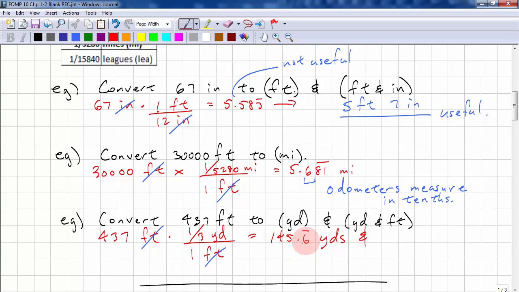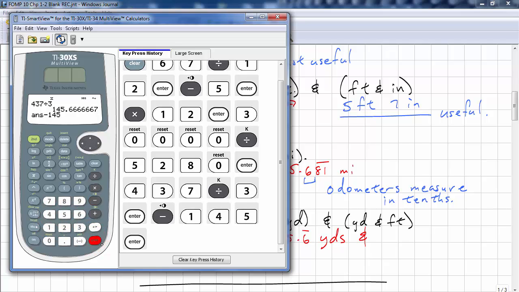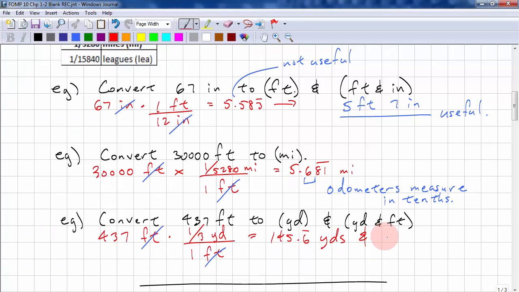Again, we don't want to have a decimal of a yard, so we convert this to feet. We take off the integer portion, which is 145, and then multiply by the denominator, which is 3, and we get 2. So this is 145 yards and 2 feet.